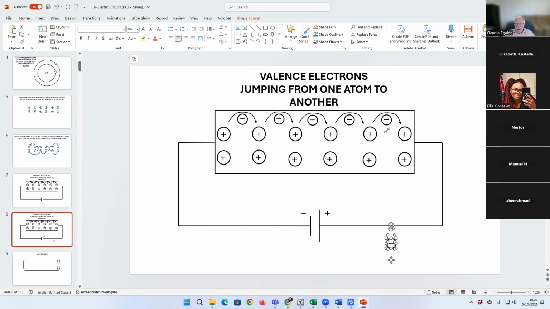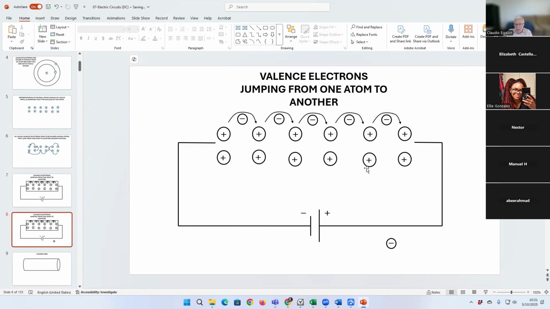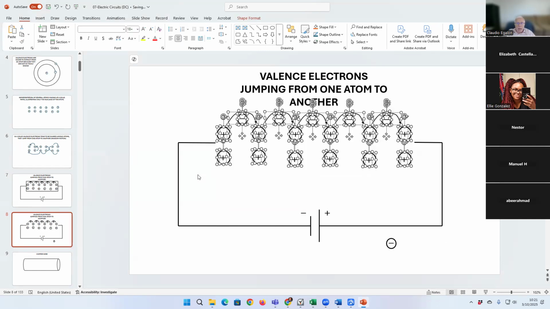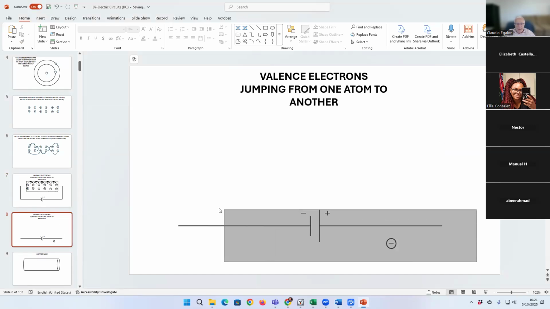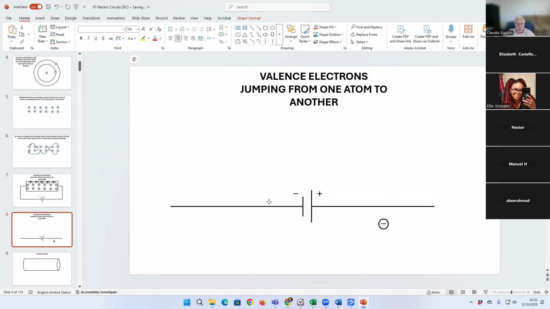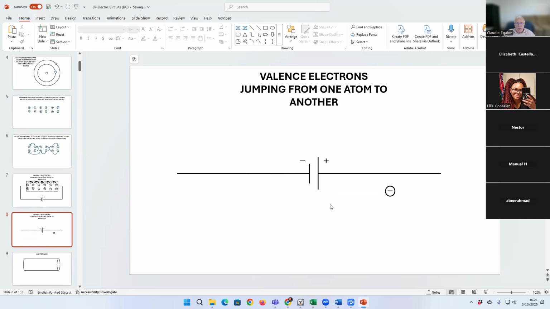Now I'm going to remove this and look very close inside the battery. In order to do that, I have to make my battery larger in the drawing. Okay, so here you go.